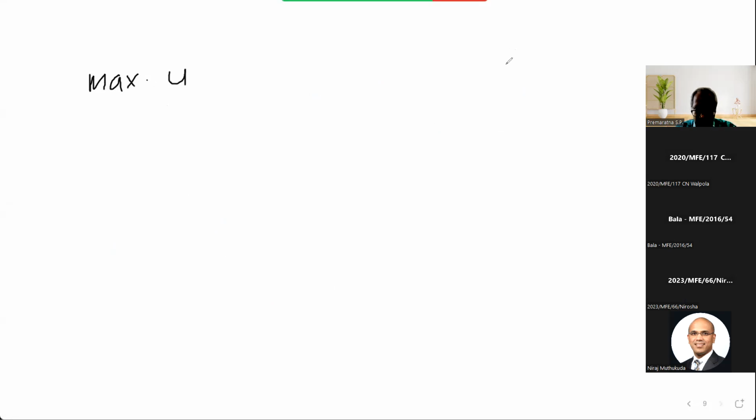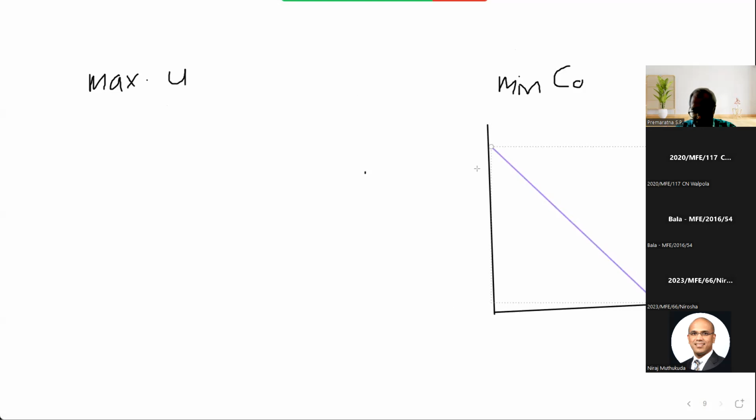Maybe some of you try to minimize cost. Minimizing cost means if you take the budget line, here you reduce the expenditure and move in this direction. That's minimizing cost, minimizing your expenditure.